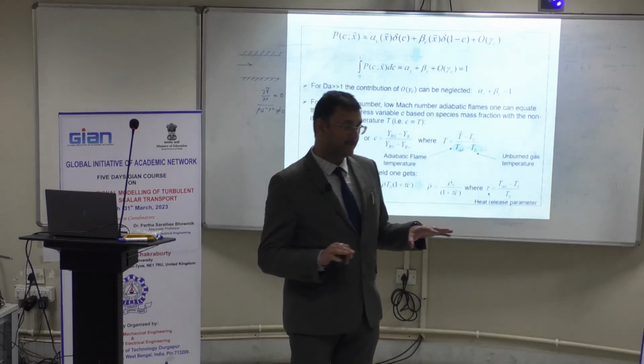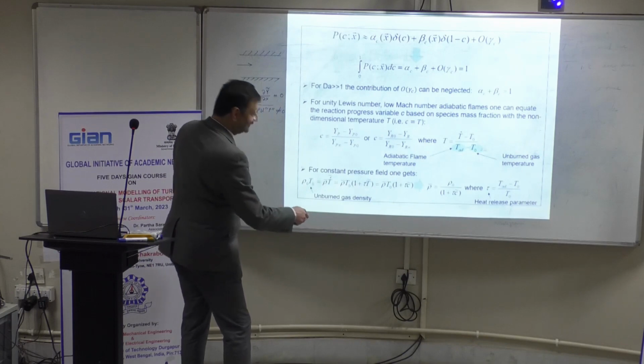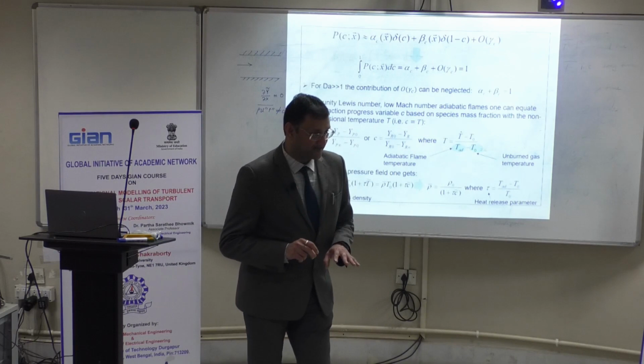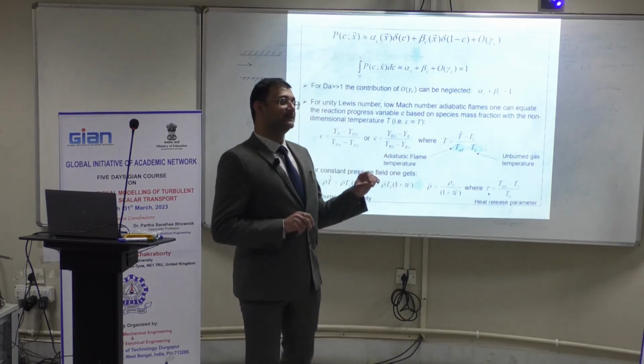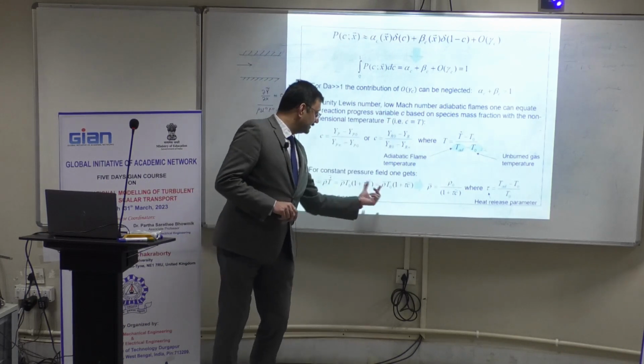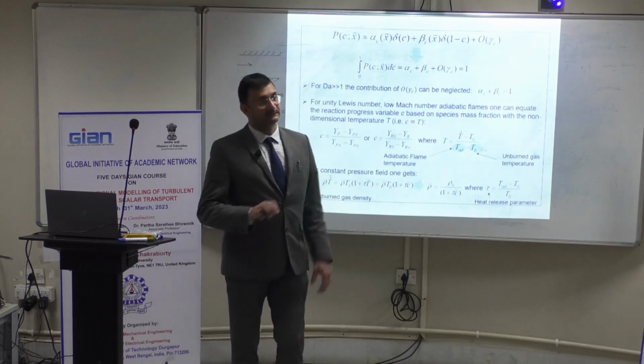Clear? This part, up to this part, is valid even for non-unity Lewis number condition. The unity Lewis number condition alongside low Mach number and adiabatic flame allows me to replace T tilde. Clear?